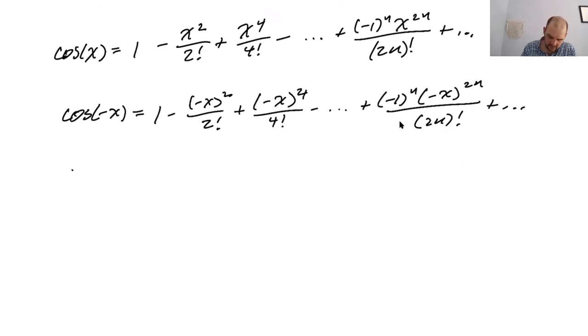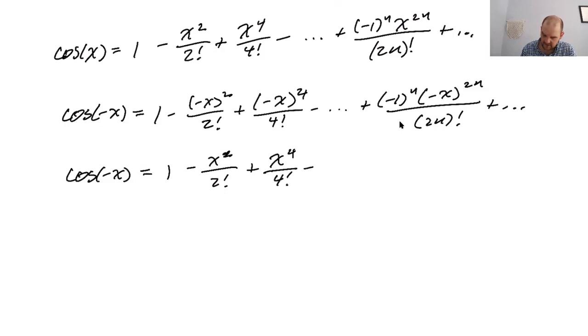So here you can see cosine of negative x is 1 minus negative x squared, which is just x squared, so x squared over 2 factorial, and then plus negative x to the 4th is just x to the 4th. So we're just squashing all those negative signs that thought they were there. And it's going to happen here, where we just get x to the 2n over 2n factorial.